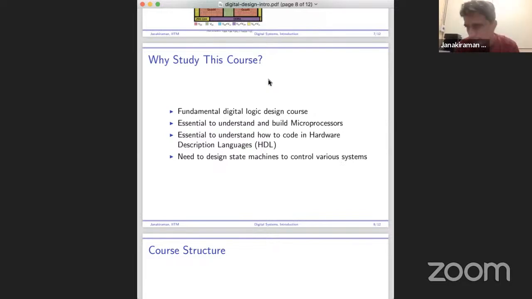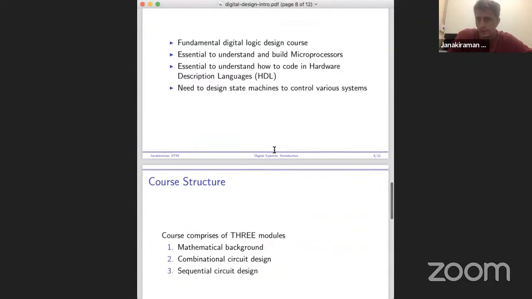Right now, you are only aware of programming languages like C and Python. But hardware description languages, though they are programming languages, are very different from all these languages. Unless you understand the hardware itself, you will not be able to write hardware description code efficiently. And of course, you need to understand state machines and control.